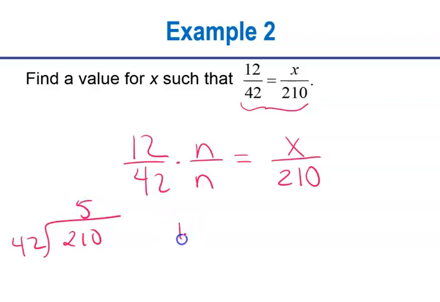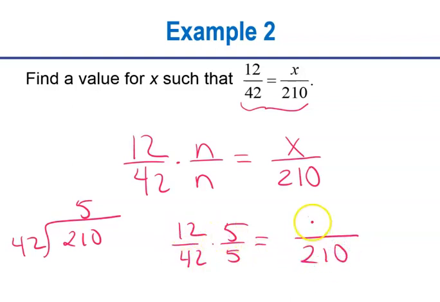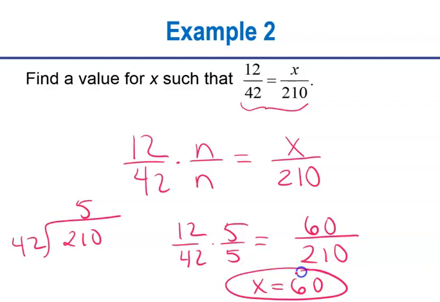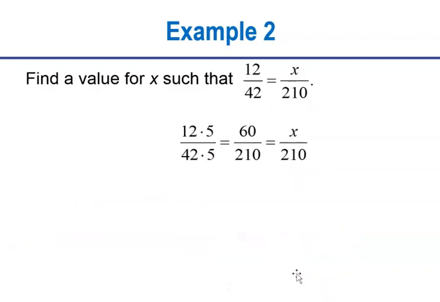So I say 12 over 42 times 5 over 5 is going to give me, now you check it, 42 times 5 is 210, and 12 times 5 is 60. So my answer is that x is equal to 60. Now let's see how the typed up answer goes.